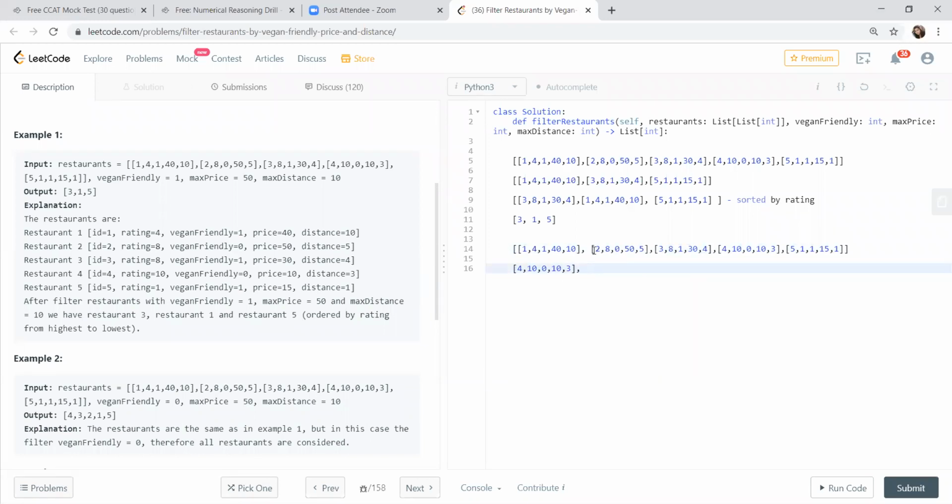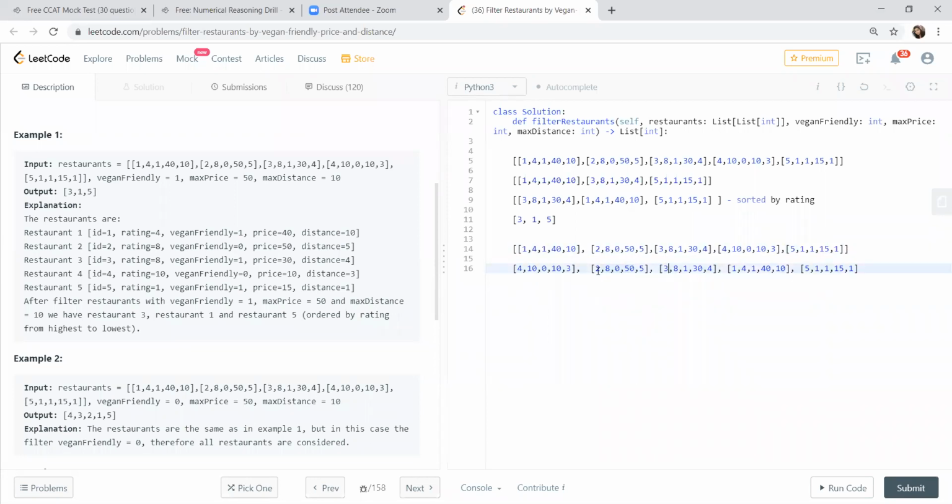So first, maybe you can just pick in the same order. Okay, so let's take this first. Yeah, so this is the highest one, and then this is the next. So now these two have the same ratings, but we need to sort them on the basis of ID.